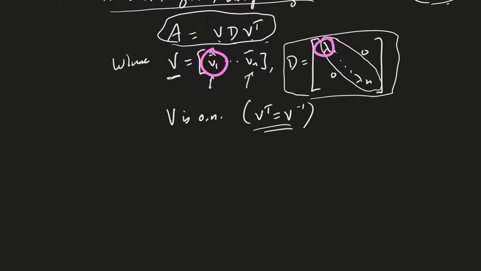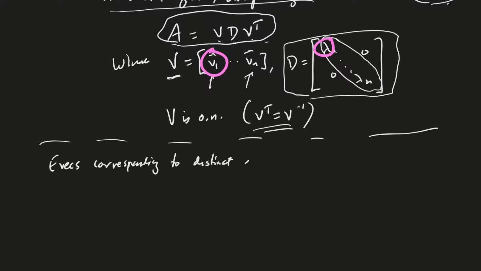So, just a quick little proof: eigenvectors, evects, corresponding to distinct evals are orthogonal. That might be interesting just to see why that would be true for symmetric matrices, but not true for other types of matrices.